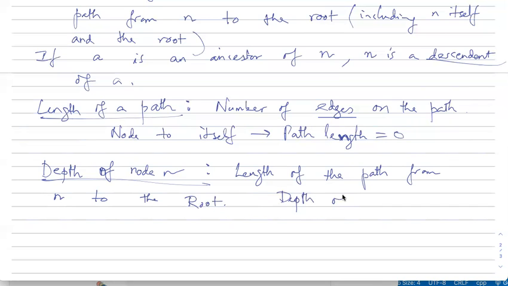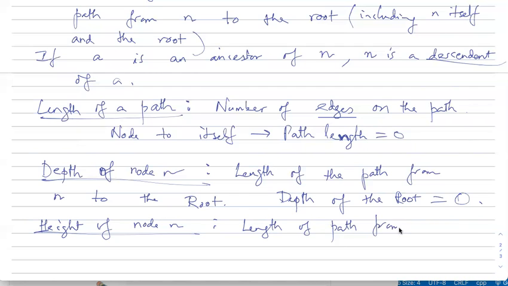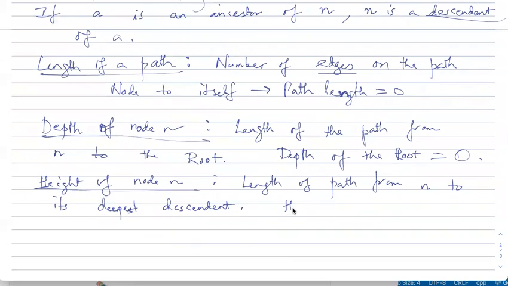And the depth of the root node is equal to 0. And the height of node n is equal to the length of the path from n to its deepest descendant, and therefore the height of a leaf node is 0.